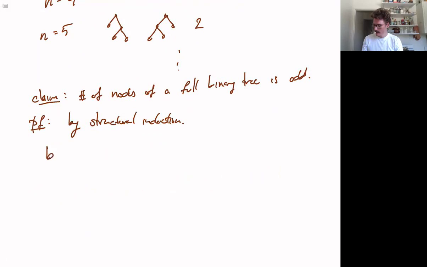So the base case is a single node, that is n equals 1. So 1 node, which is odd. Checks out. And then inductive step.